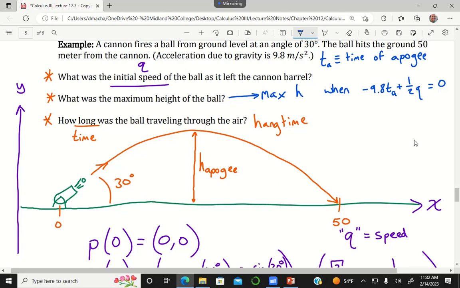Now, if I only knew q, my initial speed, then I could figure out the time of my apogee. So I could write t_a is equal to negative 1/2 q divided by negative 9.8, so it would be 1 over 2 times 9.8 q.